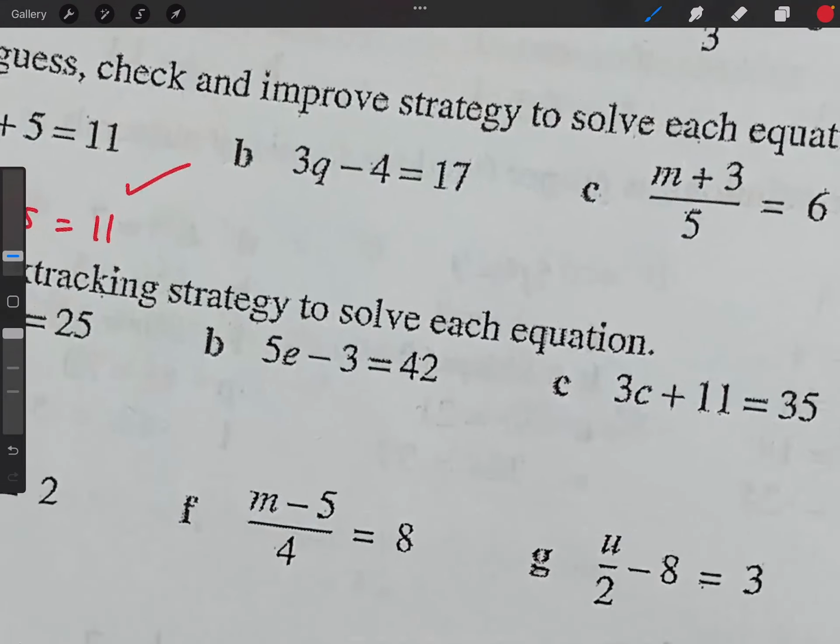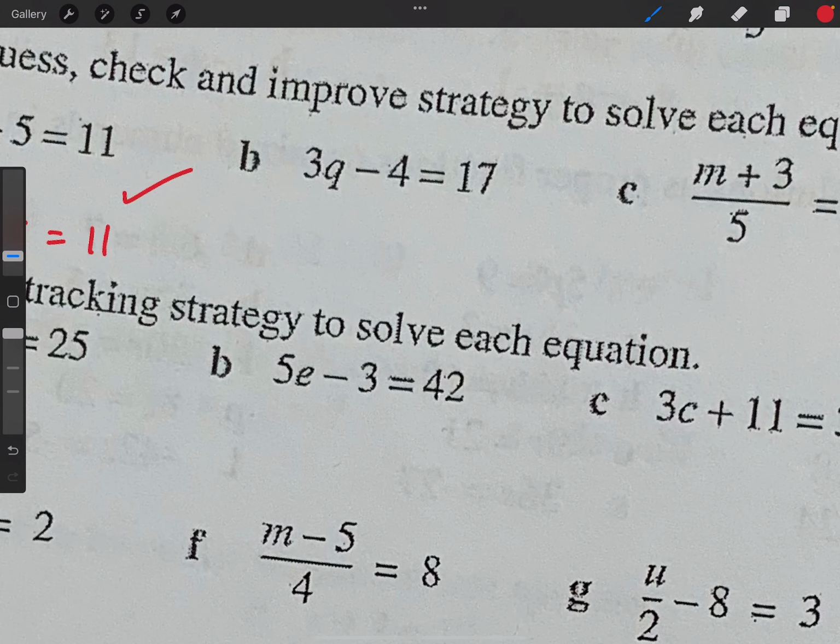Next one, let's try q. Let's see if it's right. So 3 times 2 minus 4. 3 times 2 is 6, 6 minus 4 is 2, so 2 is not going to work. Let's try 10. Actually, 10's a bit too much. Let's try 8.